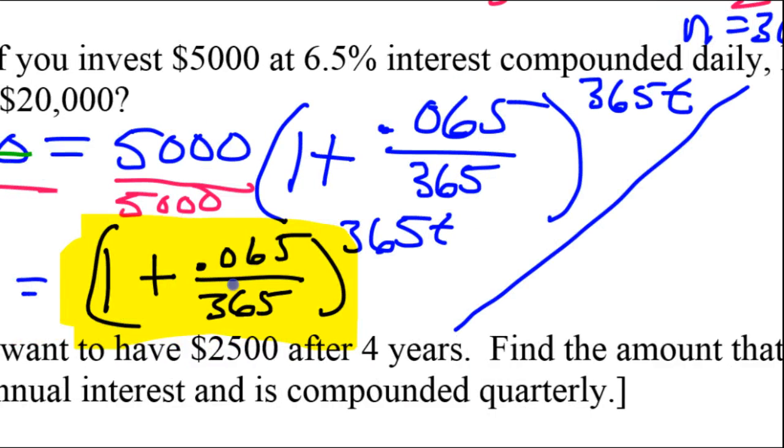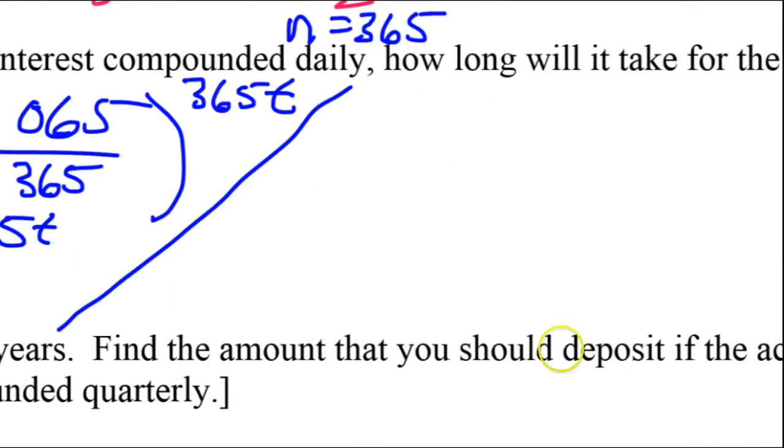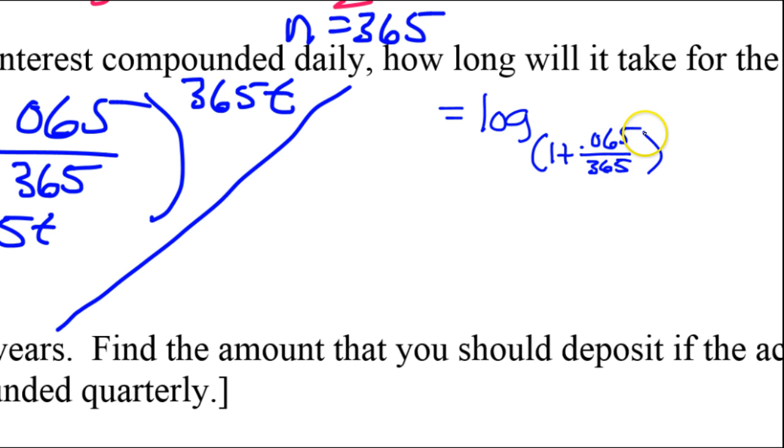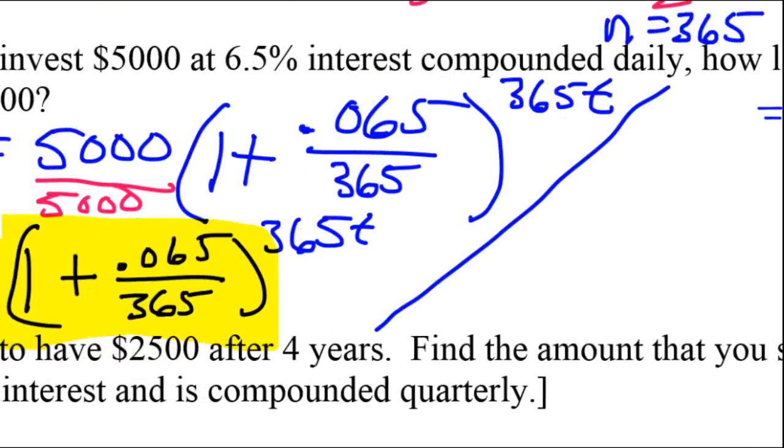So we're going to write log base 1 plus 0.065 over 365. Okay, so that was the base.